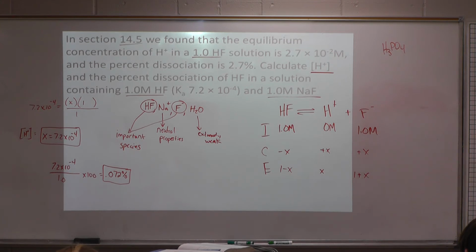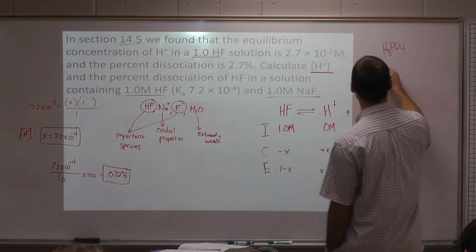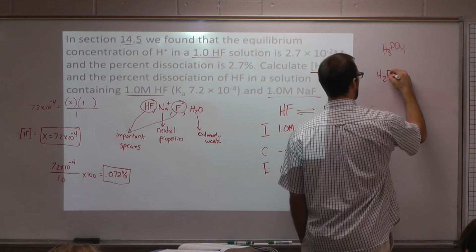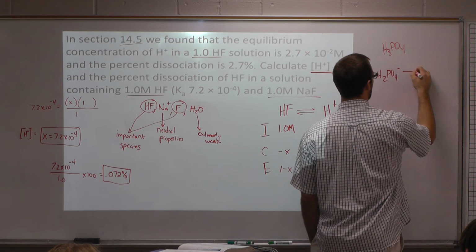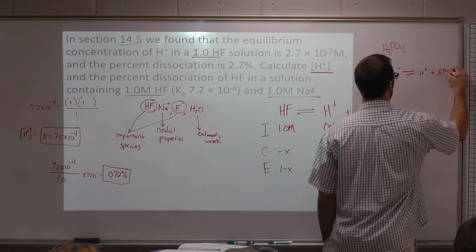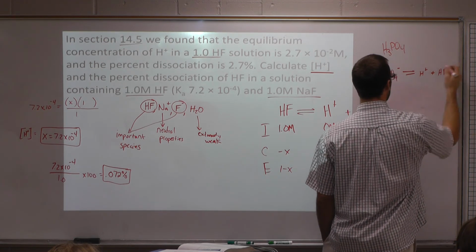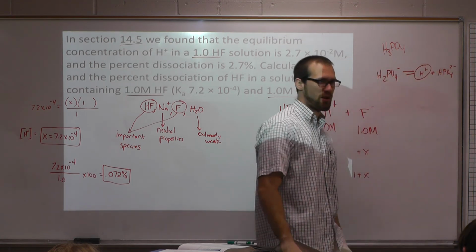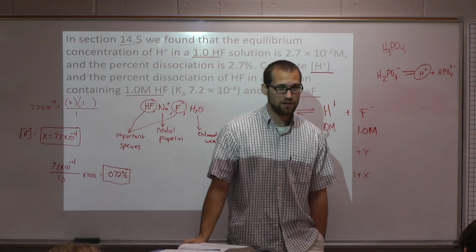But wouldn't the first step produce a common ion that's there in the second step? Does that make sense, everybody? So for example, when I do the second dissociation of this, don't I already have some of that present from the first dissociation?